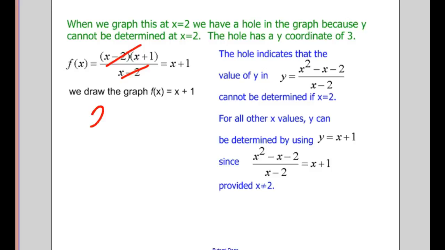So our x is 2, and if we want to find the point of the hole, we plug 2 into the equation. Since we're only left with x plus 1, 2 goes in where the x is, and you have 2 plus 1 equals 3. So our point is 2, 3. That's where our hole is in our graph, or our point of discontinuity.